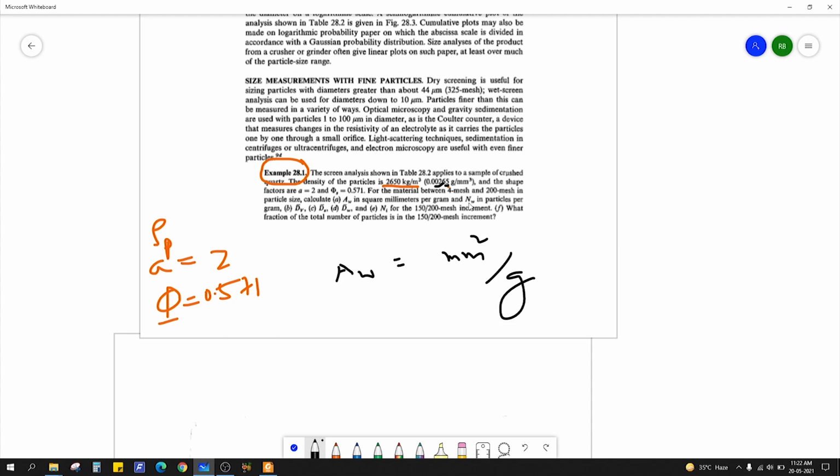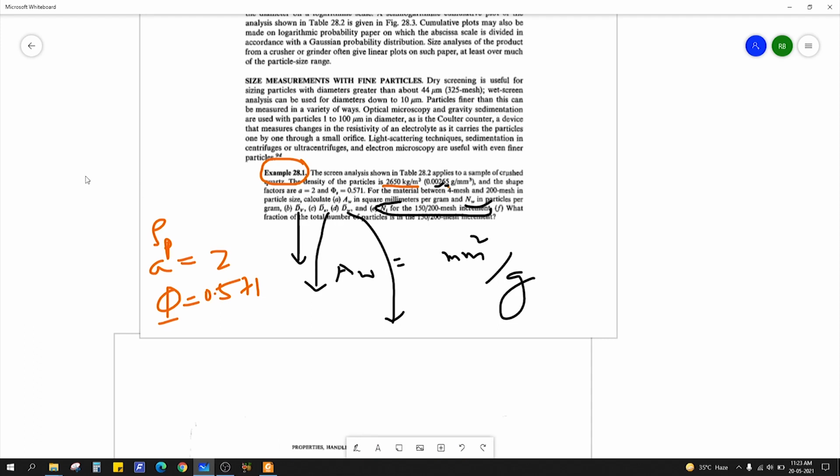And next you have to find Nw. I already told you the formula. Next you have to calculate the volume mean diameter, then the surface mean diameter ds, then the mass mean diameter, then Ni for the 150 to 200 mesh increment.